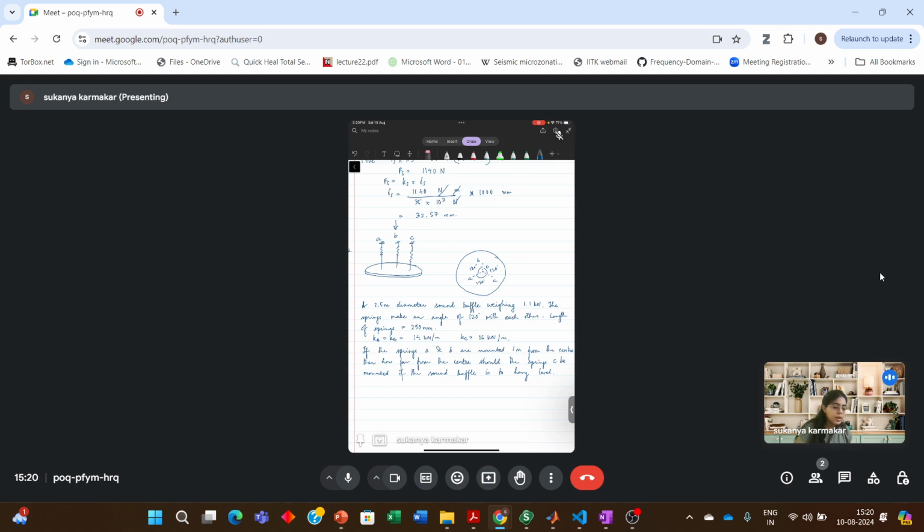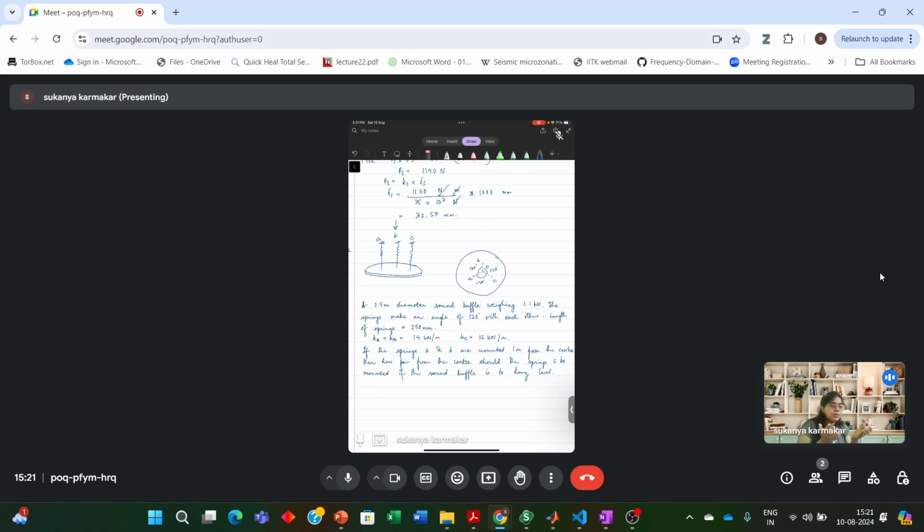Then from the equilibrium, we know that the force carried by the three springs is equal to the weight of the disc. From here, we can get a relationship. Using these two relationships, we can calculate the magnitude of the force carried by spring A, B, and C. And once you get the value of the spring forces, then we can find out the position of spring C so that it remains straight.